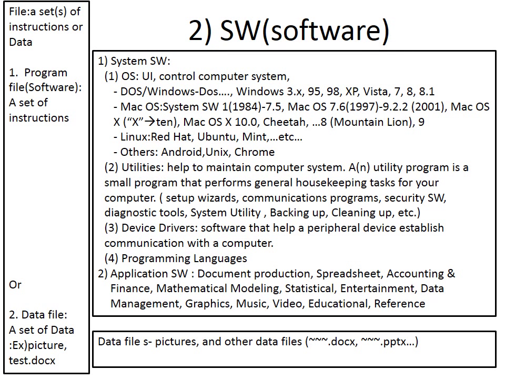Now let's talk about software. All programs are files. A file is defined as a set of instructions or data. A set of instructions is called a program file. A utility is a program file to maintain computers, like an antivirus program. Operating system controls computer functions. Utility and operating system are system software.